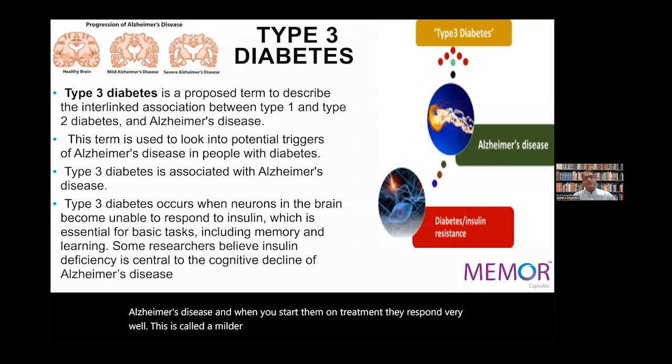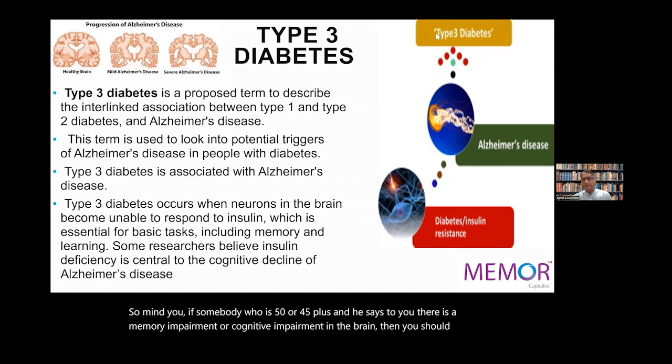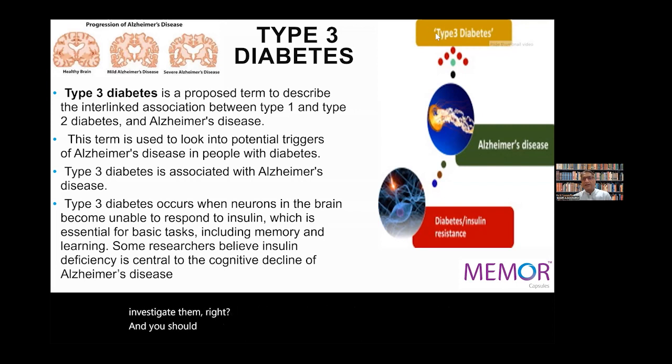So, mind you, if somebody who is 50 plus or 45 plus says to you there is a memory impairment or cognitive impairment, then you should investigate them, because they can have a progressive memory loss.